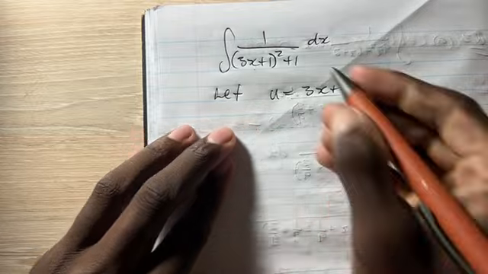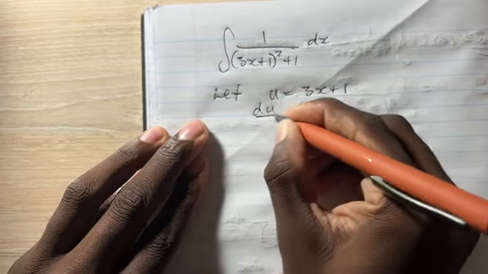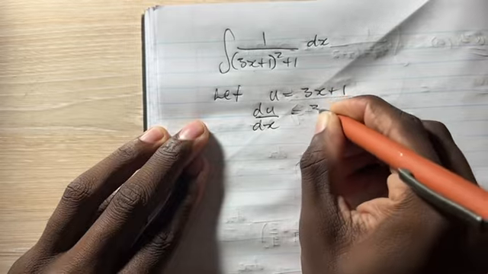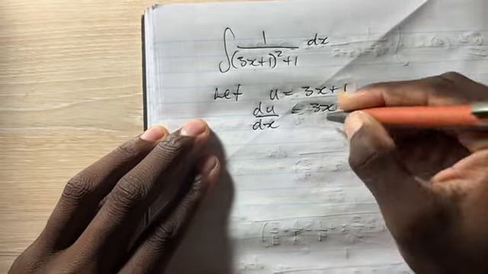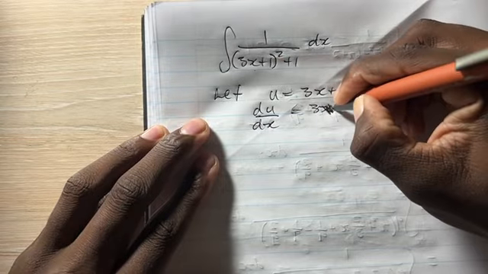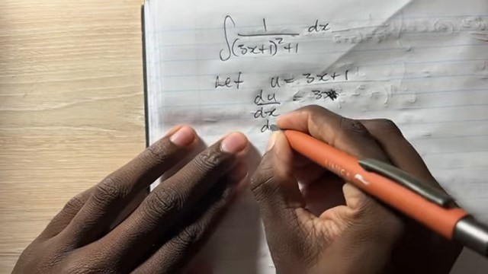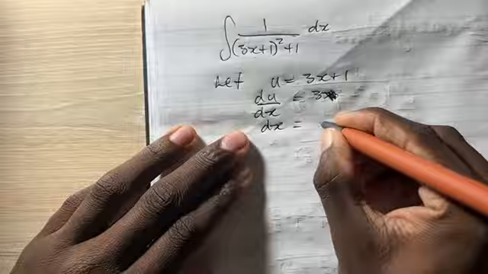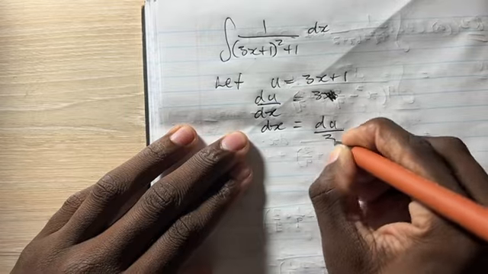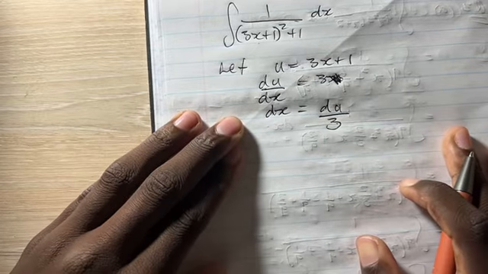And yeah, let's try it. du on dx equals 3, sorry, my bad, because that's the derivative. And then dx equals du over 3, right?